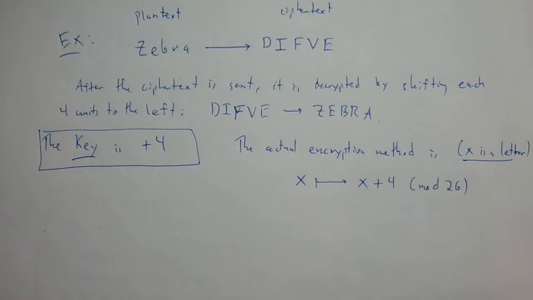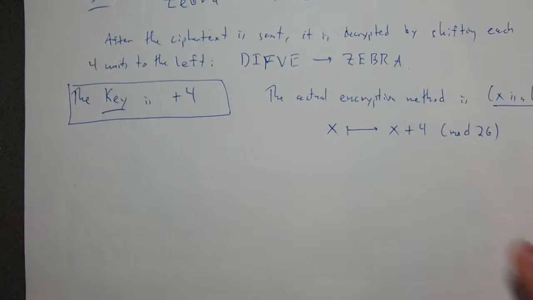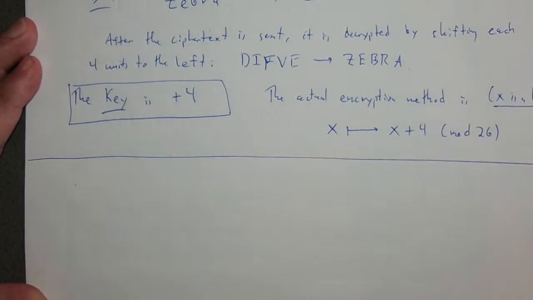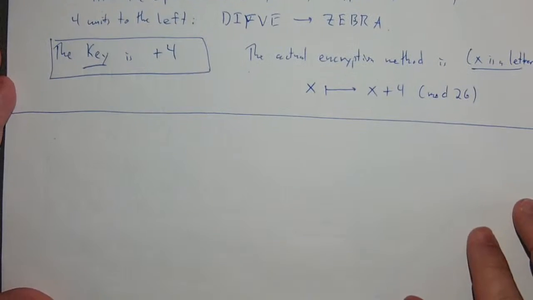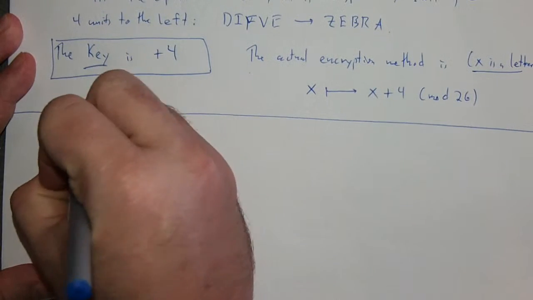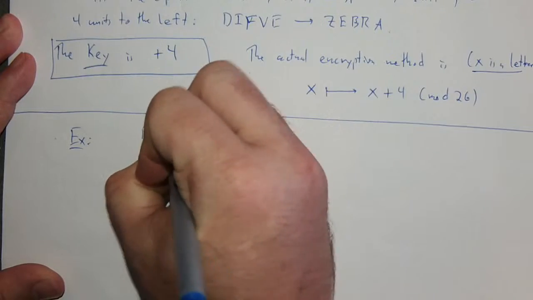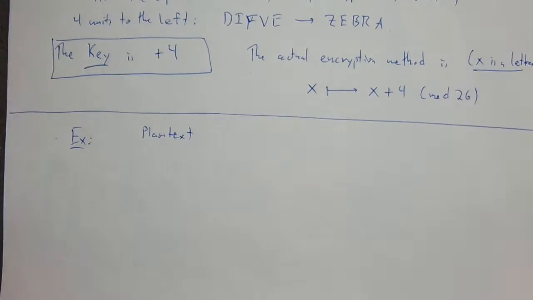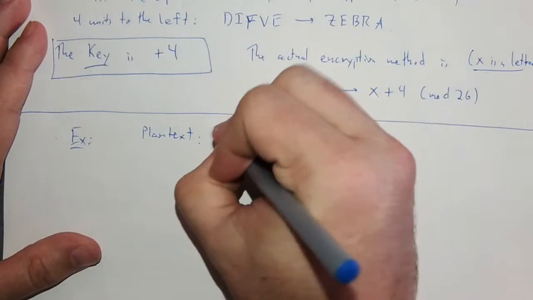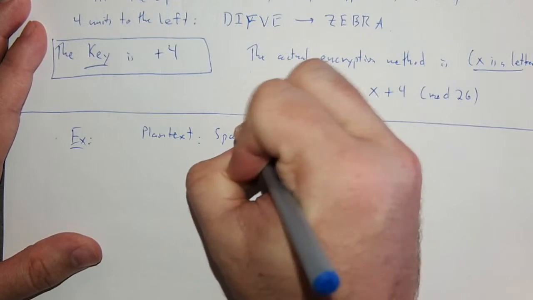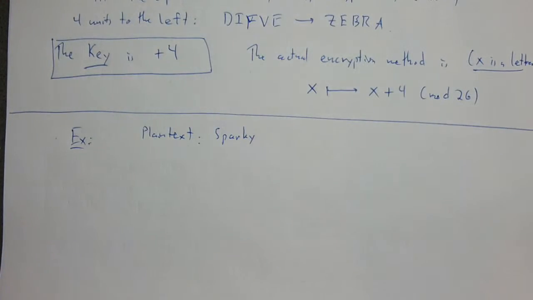So then, let's do an example of this fully. This is the same one the textbook uses. So here's another example. The plain text is Sparky, we'll say. In the textbook, they say, suppose that you have used your pet's name, which is Sparky, as your password to your bank account or something.